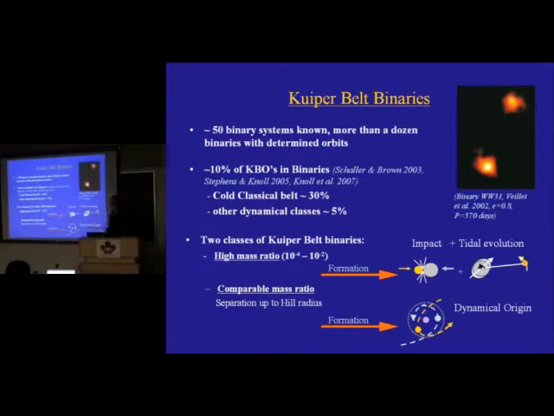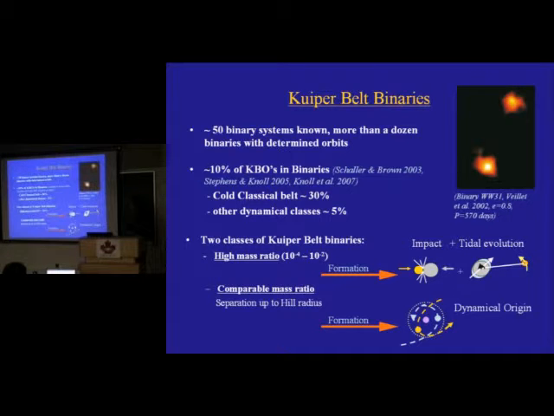So it's really a perfect place for binaries. Today, about 50 binary systems are known, and more than a dozen of those systems have well-determined orbits. The overall binary fraction is around 10%. It's actually much higher in the cold classical Kuiper belt than in other dynamical classes like the scattered or resonant population.